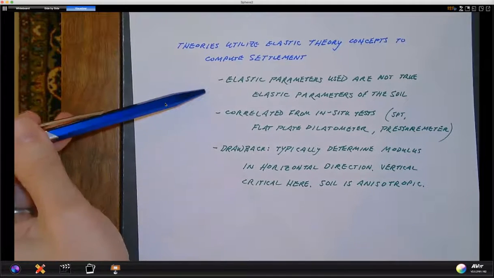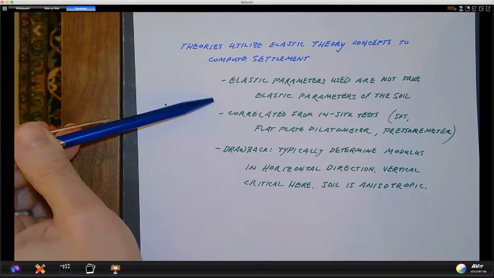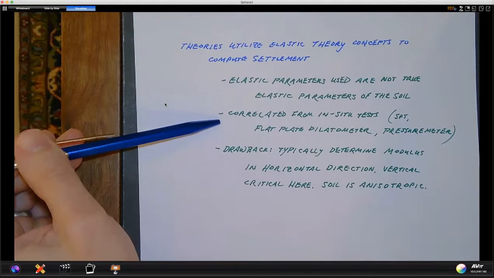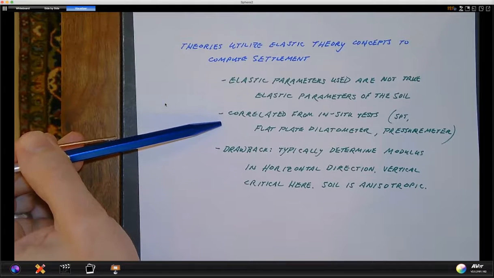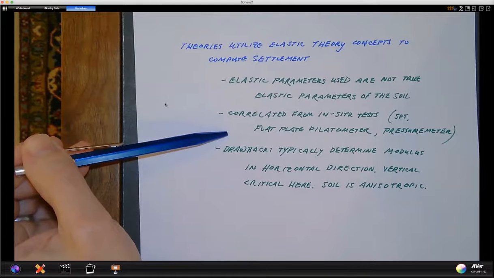Elastic parameters that we're going to utilize in this are not true elastic parameters of the soil. So to further dilute things a little bit, these are correlated from in situ tests. That would include the standard penetration test, possibly cone penetration test, flat plate dilatometer, pressure meter are some possibilities.